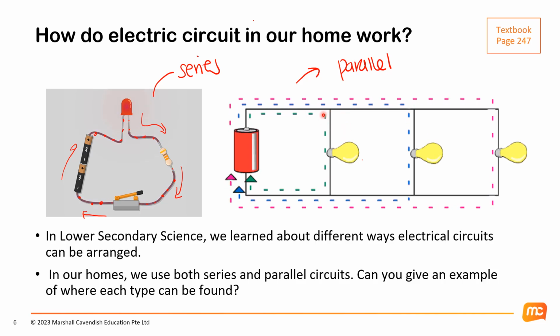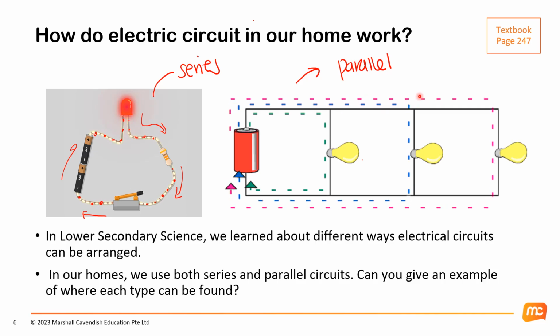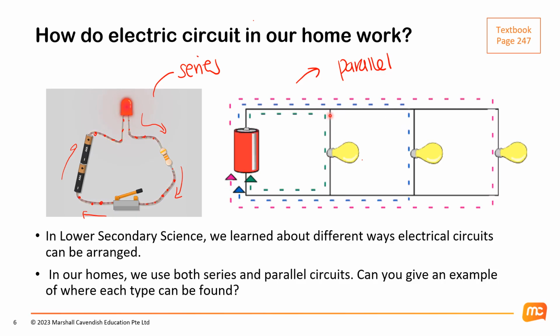You will notice that the green one will only be the electrons entering this junction, and the rest of them will continue to pass through until they go to another junction, and then the current splits again. This is what happens in a parallel circuit, whereby the total current in the main branch, when it goes to a junction, will just split itself.